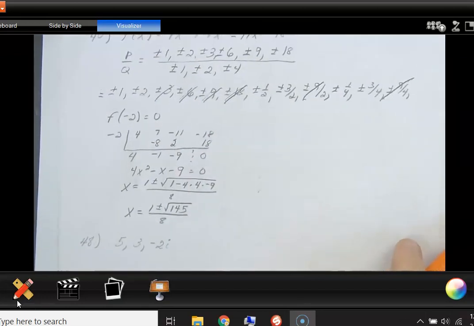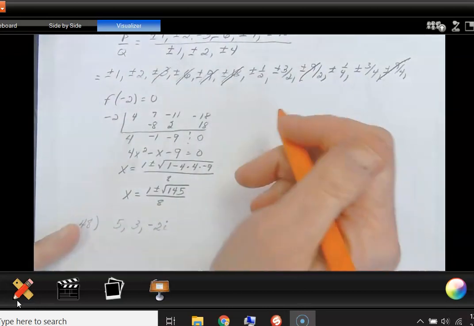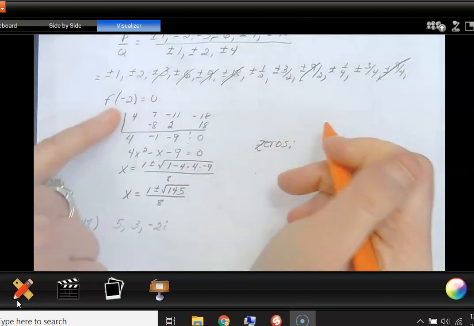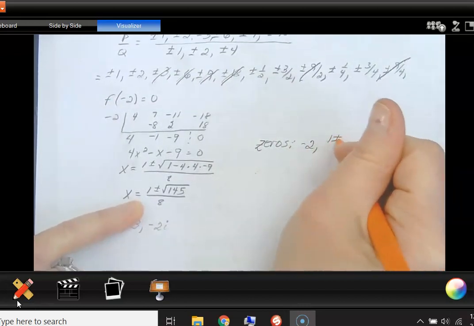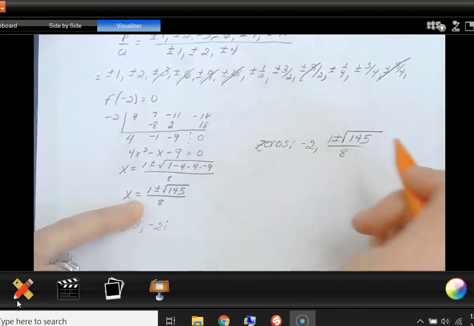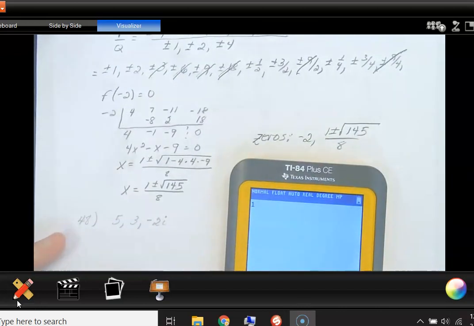I have not looked at these answers, so, well, I did look at them because I took a picture of them for you, but I don't have that book in front of me. I don't think that square root of 145 simplifies, so your zeros here, which makes me very curious, are -2 and 1 plus or minus the square root of 145 all over 8. 145 divided by 5, 29.